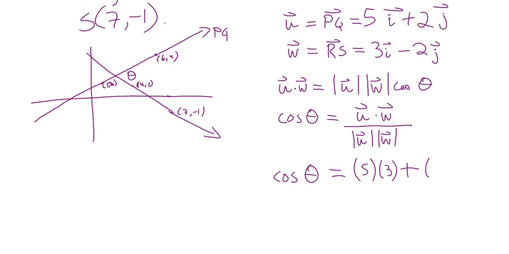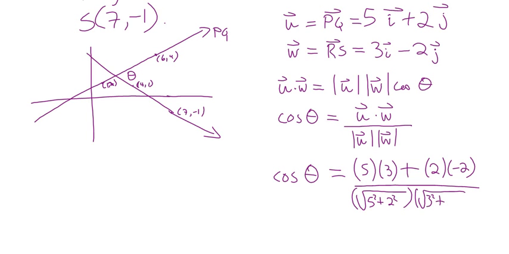Stop there. Over the magnitude of U, which is the square root of 5 squared plus 2 squared, times the magnitude of W, the square root of 3 squared plus negative 2 squared.